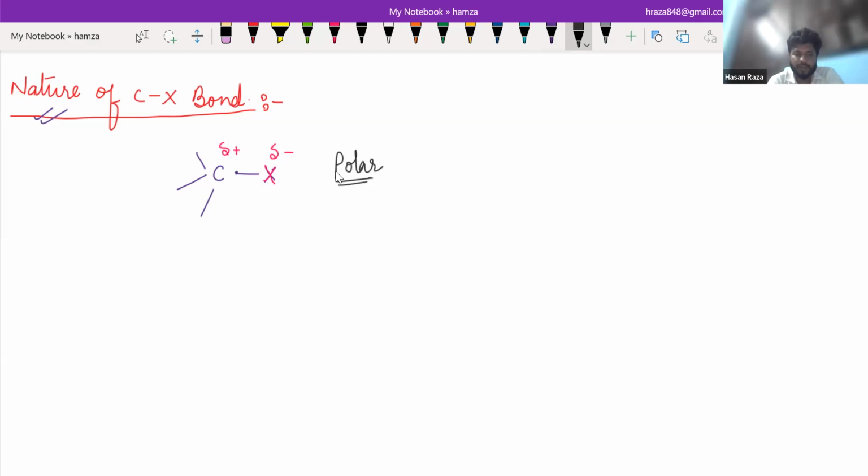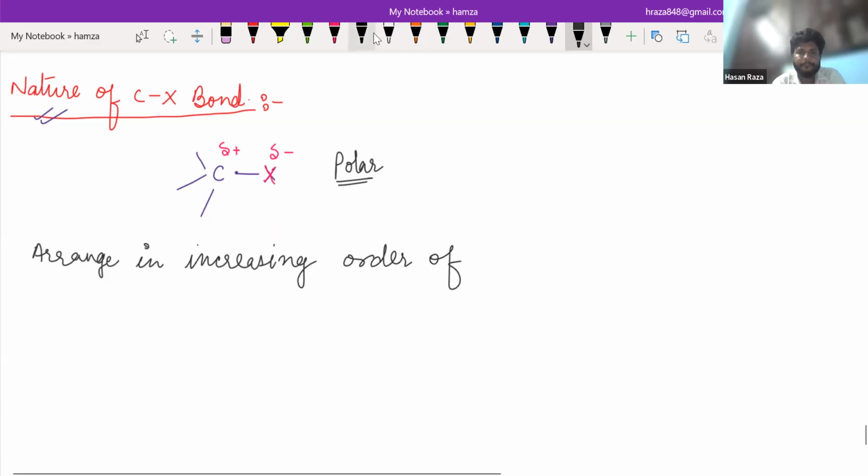So there are some questions which can be asked: arranging in increasing order of. The first question is bond length.